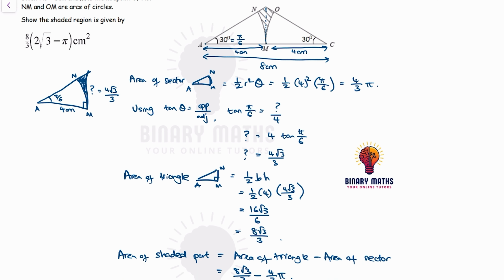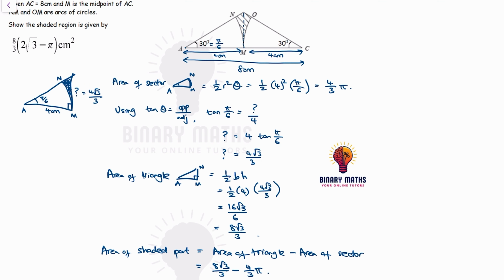Now remember the original question is this part. So this part is two lots of those, because I just worked out one lot. So the shaded region is equal to two lots of 8 root 3 over 3 minus 4 over 3 pi.